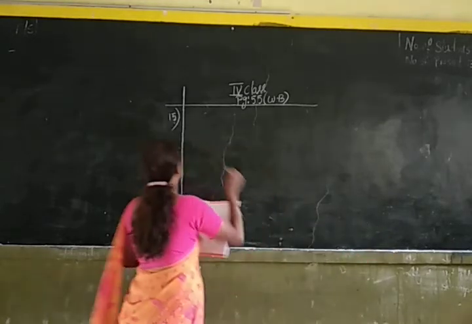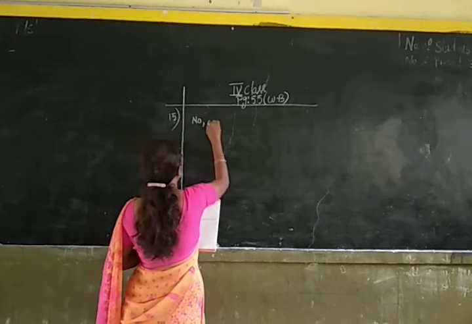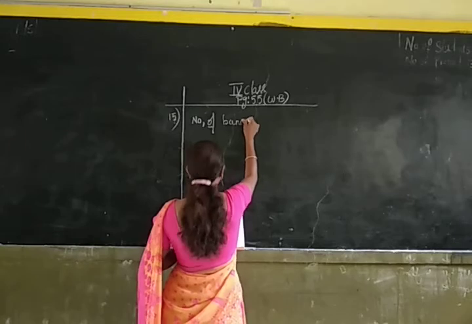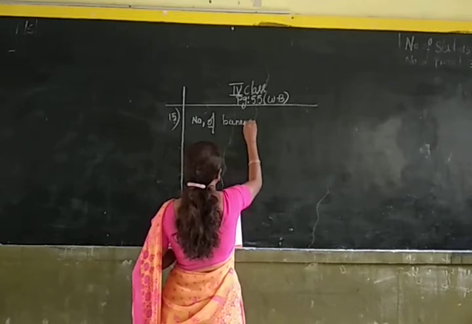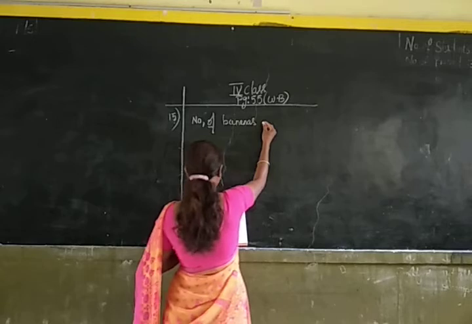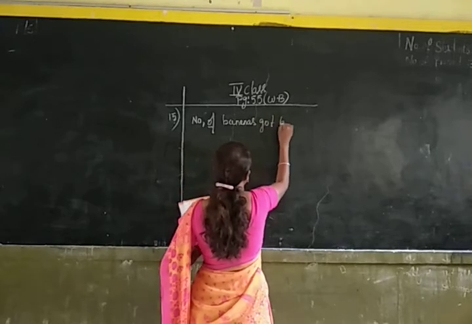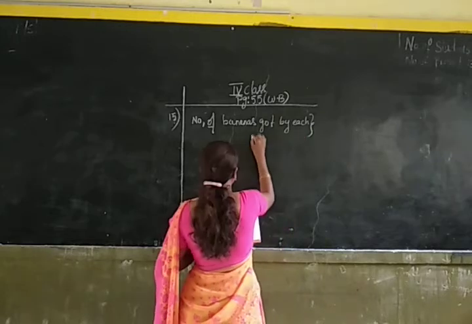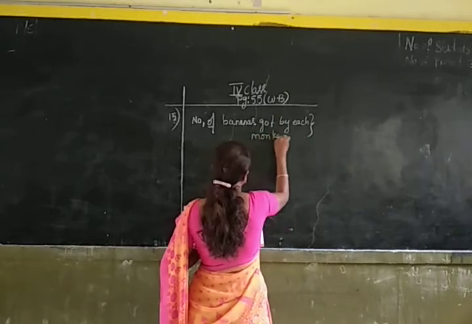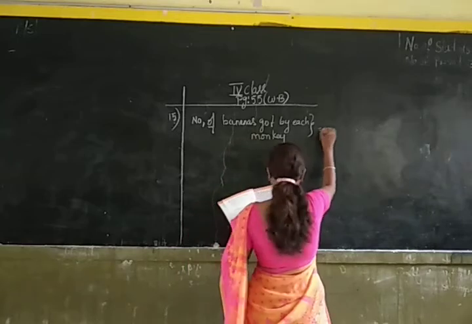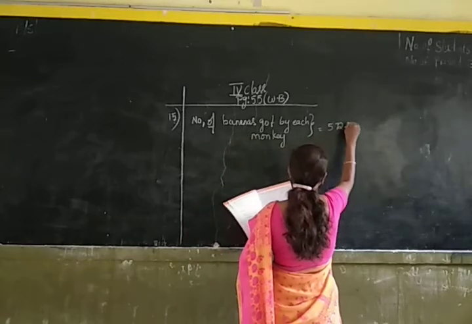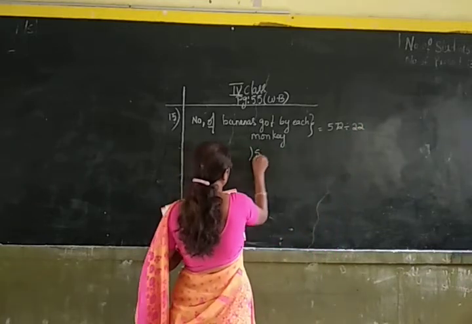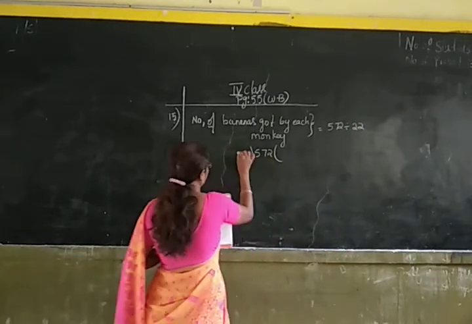Number of bananas got by each monkey is equal to 572 divided by 22. So we have to divide 572 by 22.